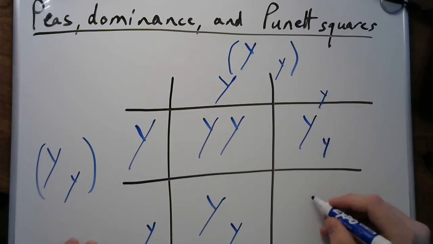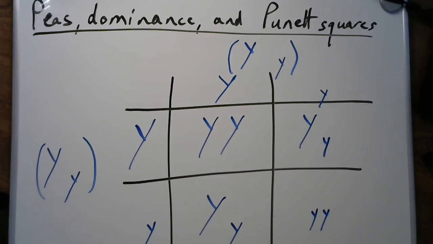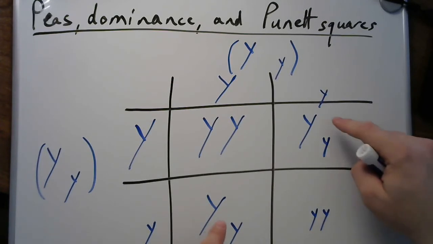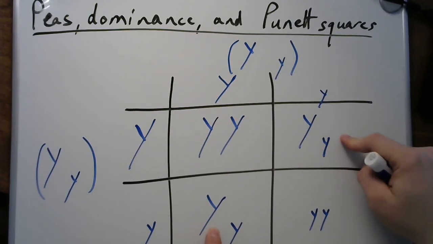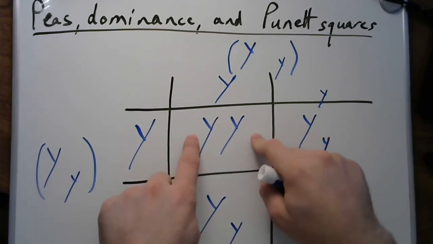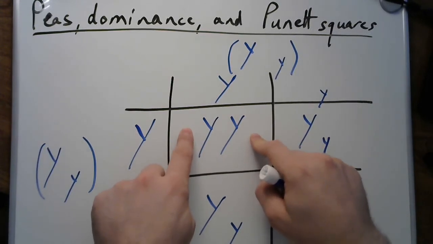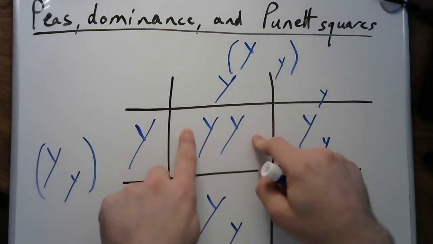It makes it easier to know the phenotype. And that's the only case when you have two little y's right there. So 25% of the offspring will have green seeds. 50% of the offspring will have yellow seeds, but being heterozygous, and 25% of the offspring will be homozygous dominant and have yellow seeds.